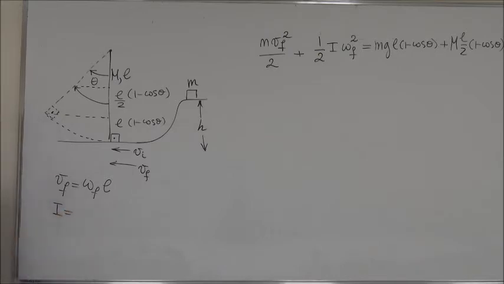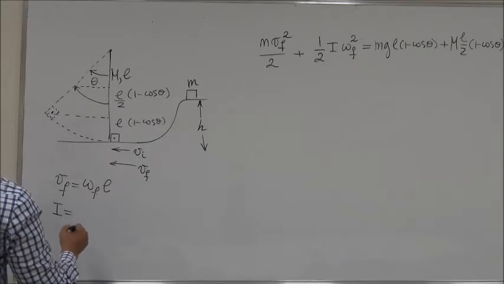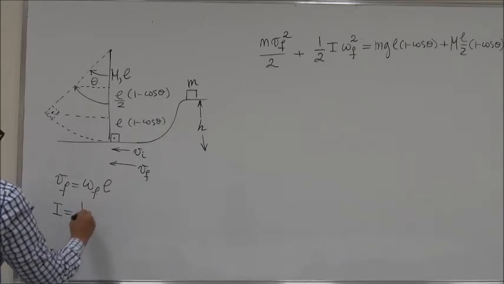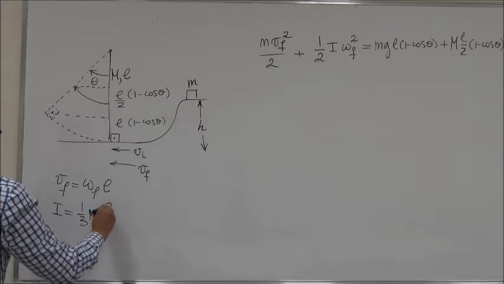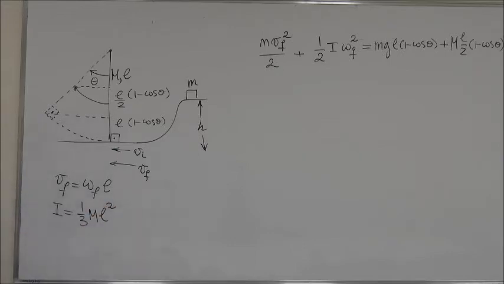We also need the moment of inertia of the rod with respect to one of its ends, and this is something that is given in the problem. It is equal to 1 over 3 M L squared. So let's use that information in this equation now.